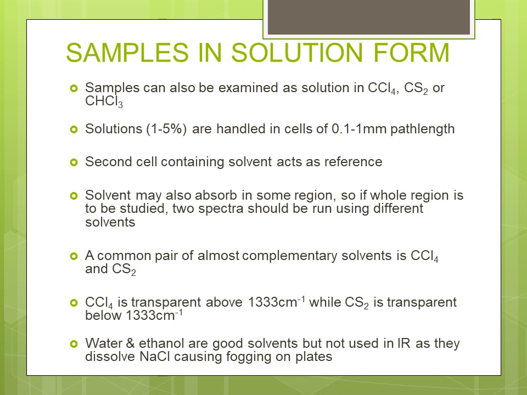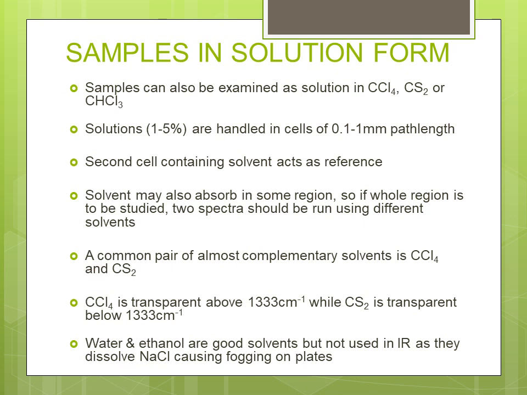When we run our sample in carbon tetrachloride, then CCl4 is transparent above 1333 per centimeter. Means we can study the peaks of our sample from 4000 to 1333 per centimeter, but not below that, because below that carbon tetrachloride absorbs strongly.